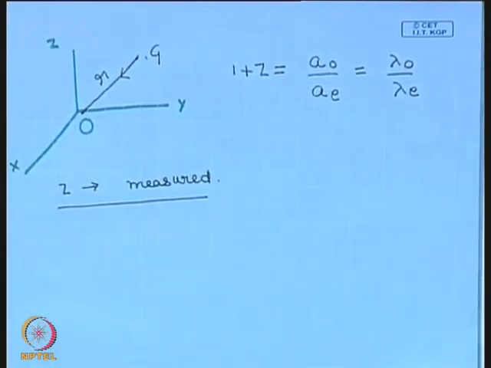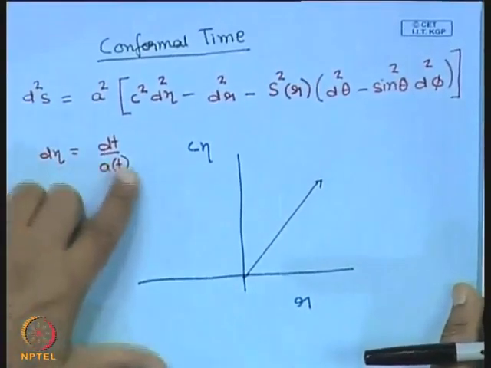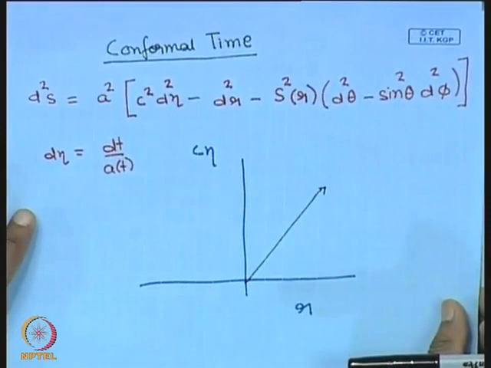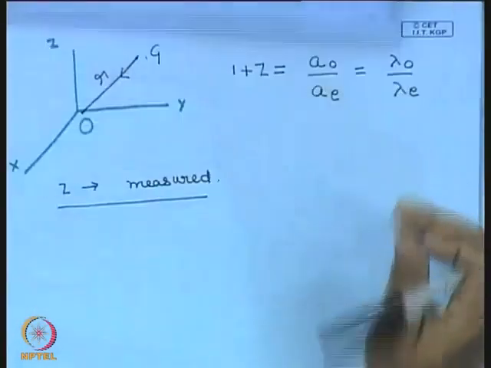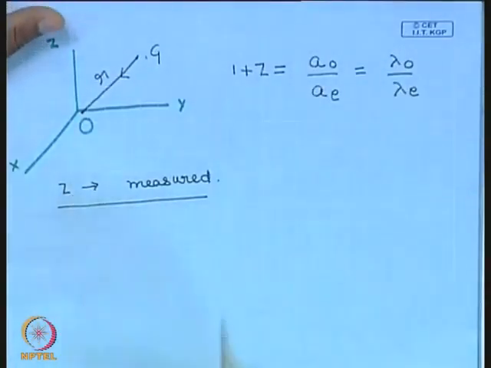Before we go into anything else, let us first see what is the relation between the conformal time and the distance, for the propagation of light. What does it look like? We shall come to the relation with the redshift later on.